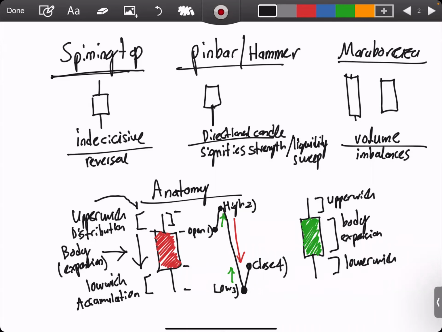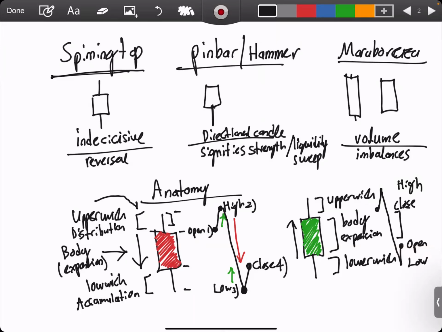For bullish candles, price action is going to open low, push down to create a low, push all the way up to create that high, and then come right back down to close. We want to catch moves when price is expanding or marking up or marking down when transitioning from distribution to accumulation.